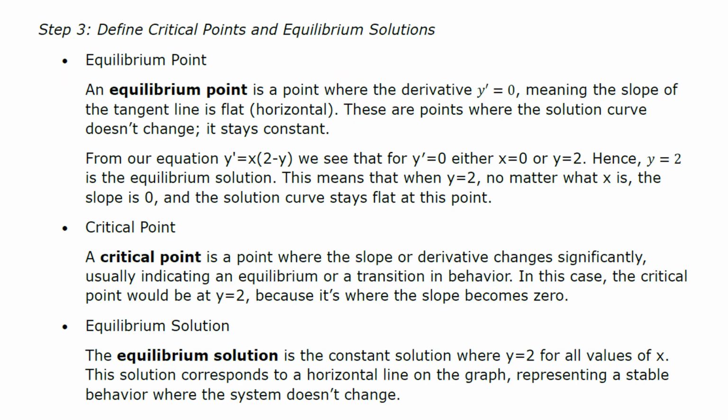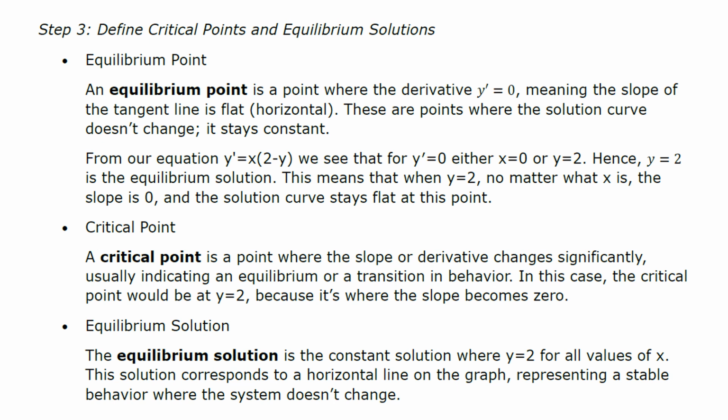So step 3 now is to define critical points and equilibrium solutions. So an equilibrium point is a point where the derivative y prime equals 0, meaning the slope of the tangent line is flat, so it's horizontal. These are points where the solution curve doesn't change, it stays constant.